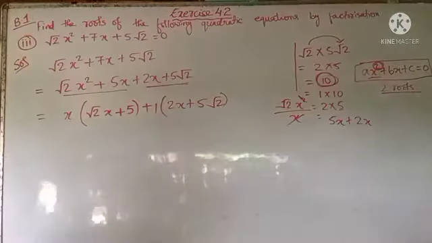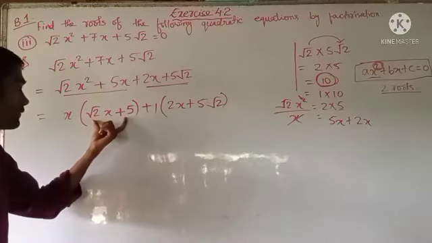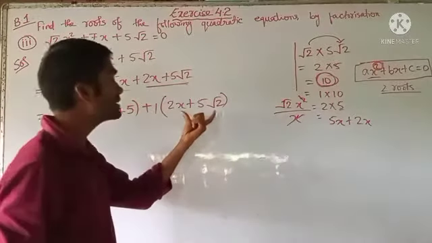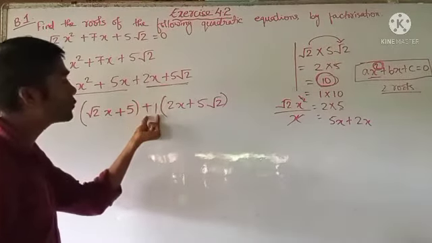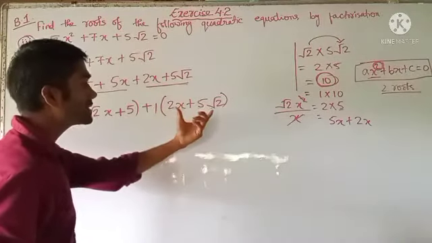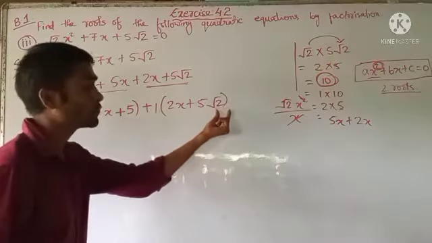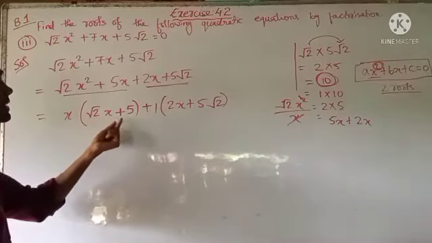But now we can see that it is different. As we have learned, whatever we get inside this bracket, the same thing we should get inside the other bracket also. Here this bracket is 2x plus 5 root 2, and on this side we get root 2 x plus 5.